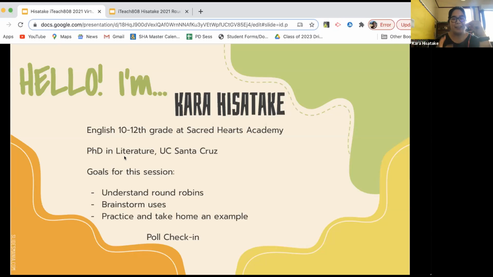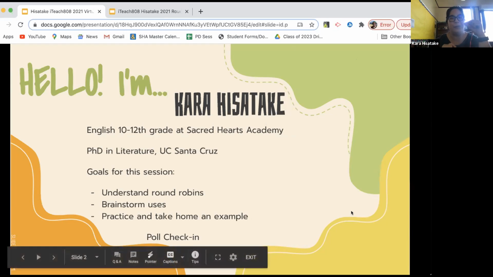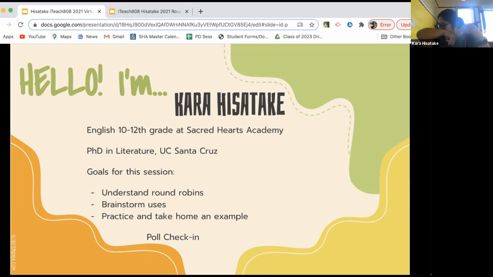I just wanted to check in with everyone who is here and see what your familiarity is with using Slides and using round robins. So I'm gonna do this quick poll. It's just asking you those couple of questions. Totally up to you if you want to answer, but it'll help me get a sense of where we're all at and where I should aim my presentation.